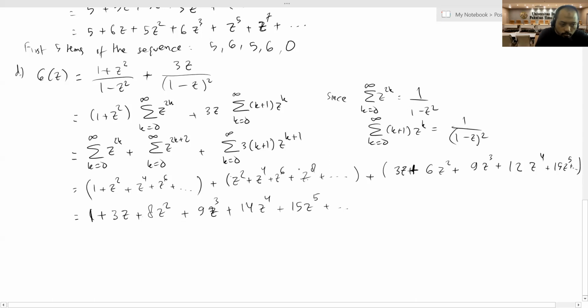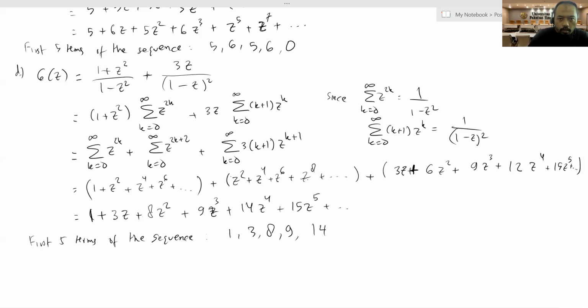So that means the first 5 terms of the sequence are 1, 3, 8, 9, 14, 15, well, 14, right? Yes, this one. Good. So that's the answer for part D, and we'll continue next with question number 3.